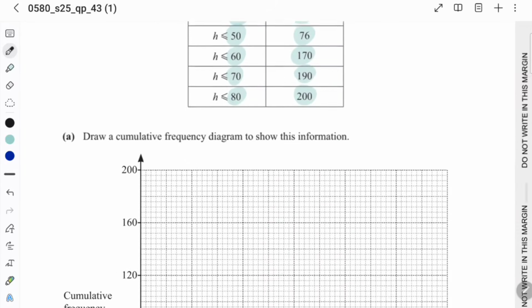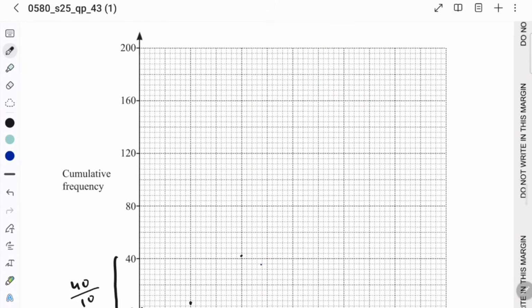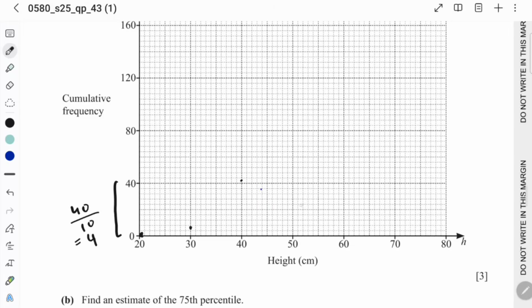Then the next point is 50 and 76, 50 and this is 100, 76 is there. This one is 60, 64, 68, 72, and then 76 is there.